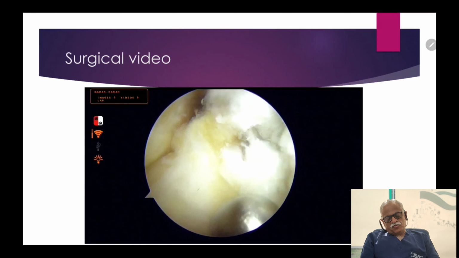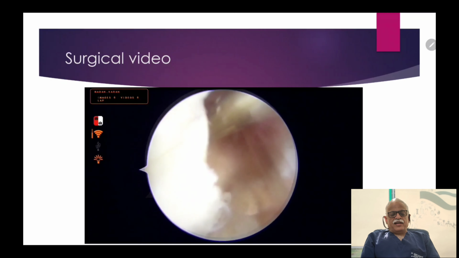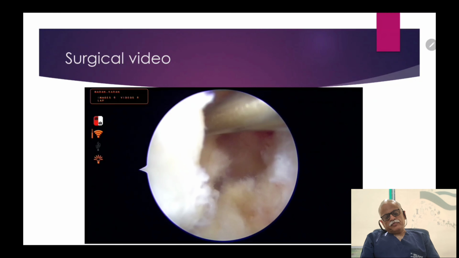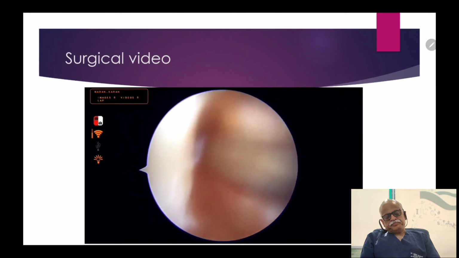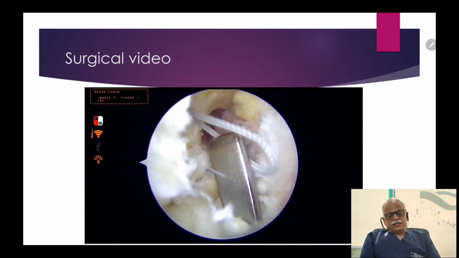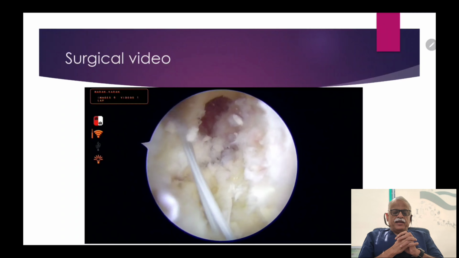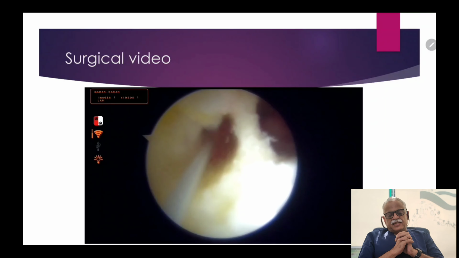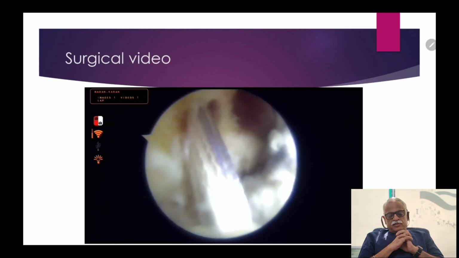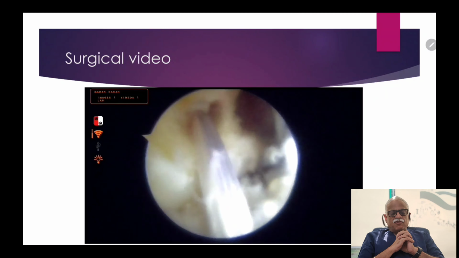For this, first we pass the fiber wire through the PL tunnel using a beath pin, and this fiber wire is retrieved from the PL tunnel on the tibial side, and then this graft is railroaded over this fiber wire.